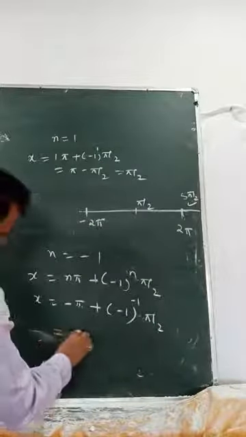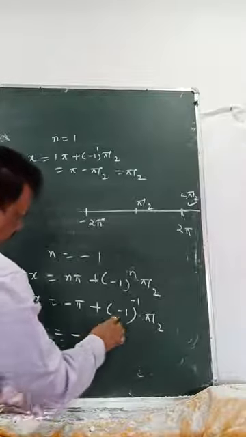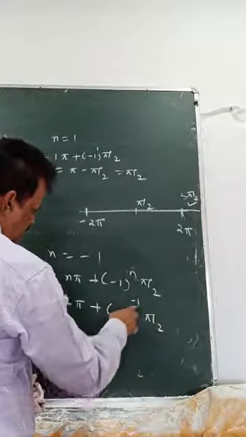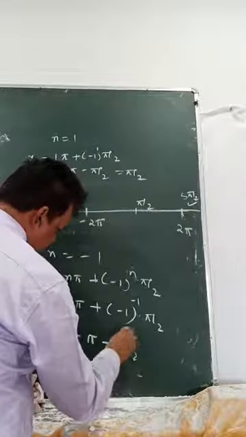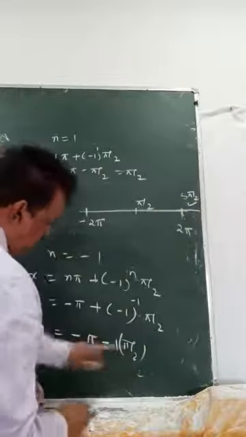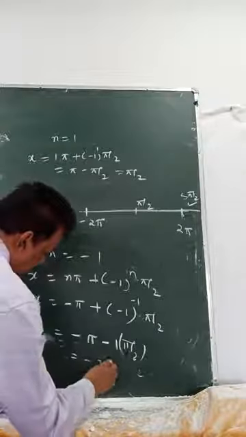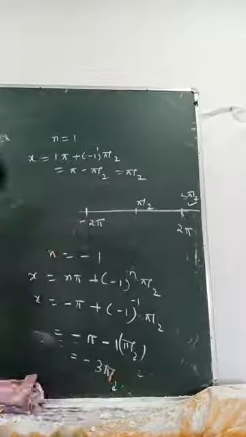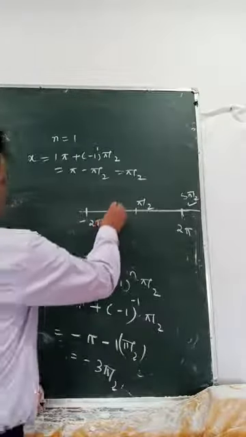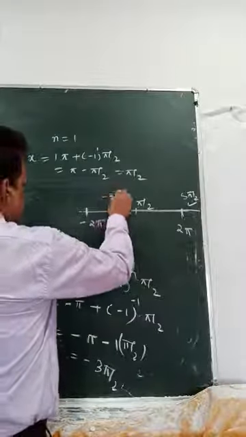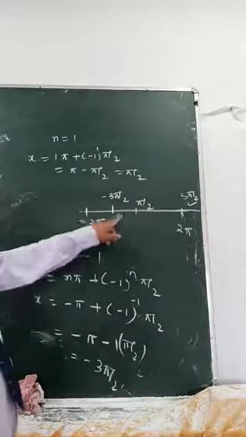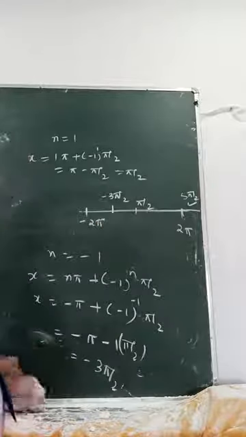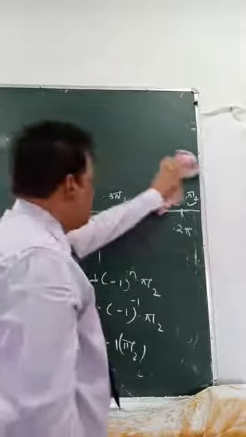So that is minus pi, this will be minus 1. So minus pi by 2 is minus 3 pi by 2. So you got another point here, which is minus 3 pi by 2. So what did you get here? y is always 0. y is always 0.